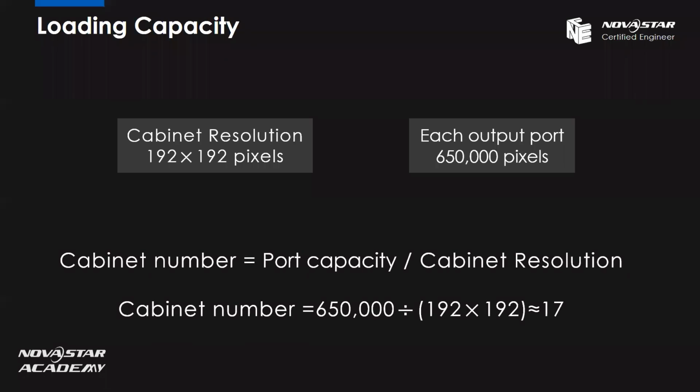So the cabinet number is equal to the loading capacity of each output port divided by the cabinet resolution. It is 650,000 pixels divided by 192 by 192. After calculating, we get the result of 17. So in this case, for each output port, we can load 17 cabinets.